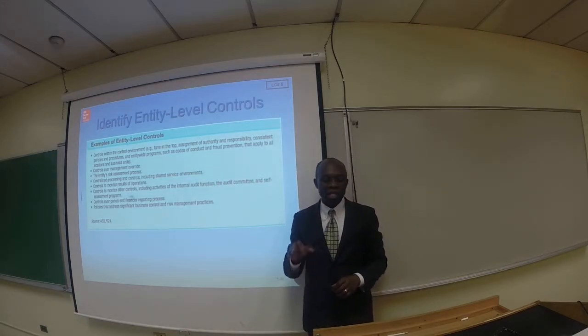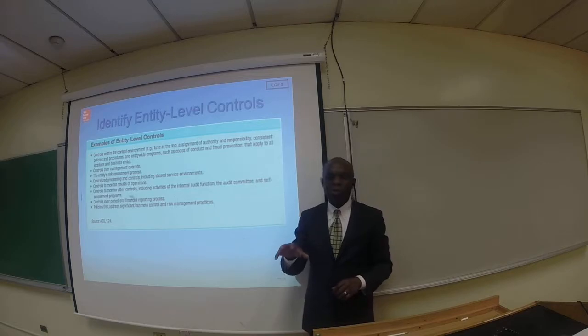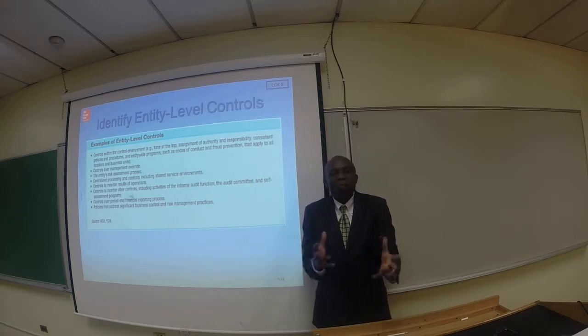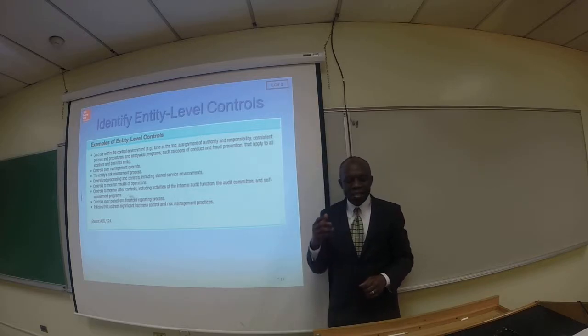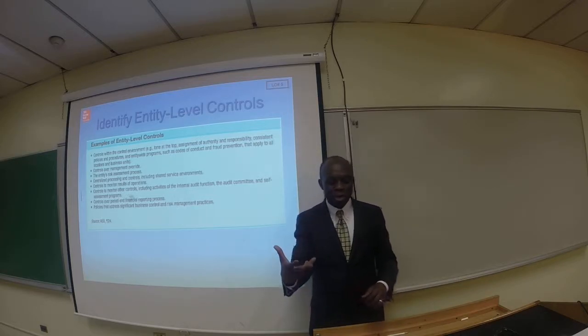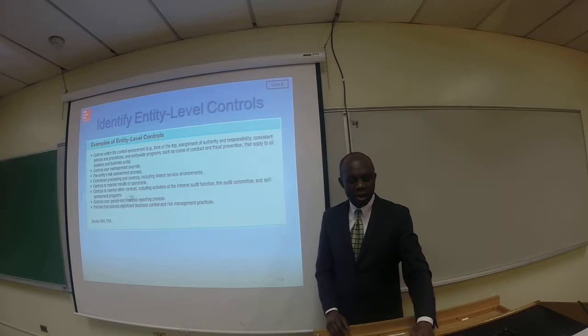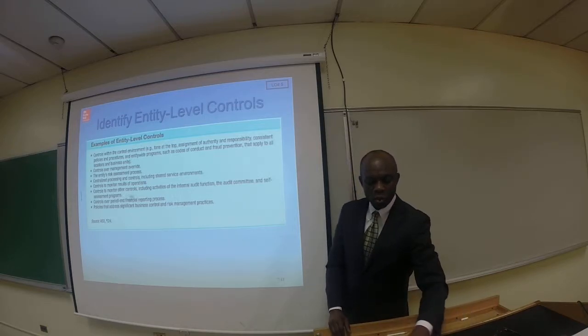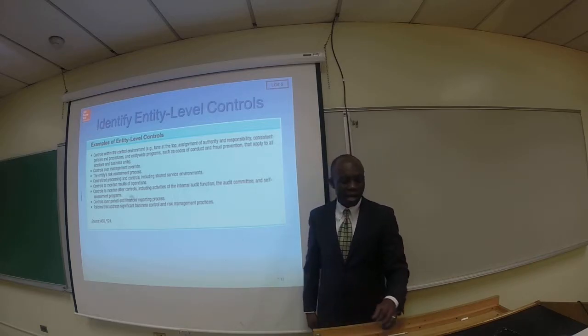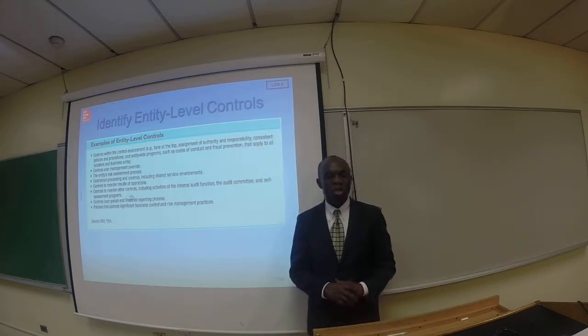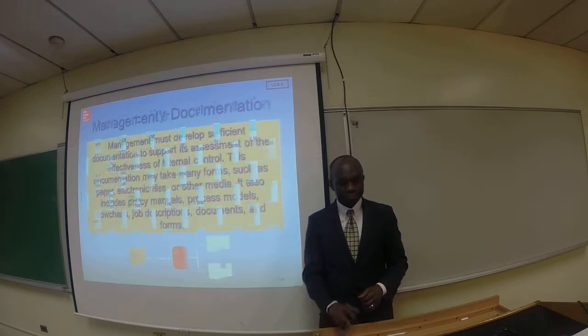Then we also take a look at the period end financial reporting process. In other words, what kind of process does management put in place to make sure that the accounting period end financial reporting process is adequate and effective in order for us to generate reliable, complete financial statements in accordance with GAAP.